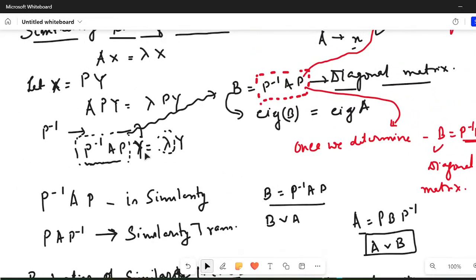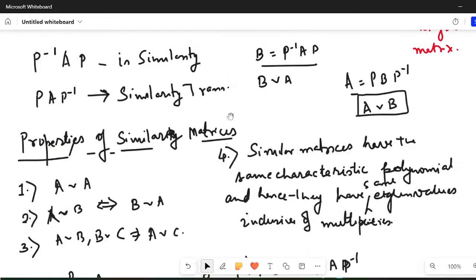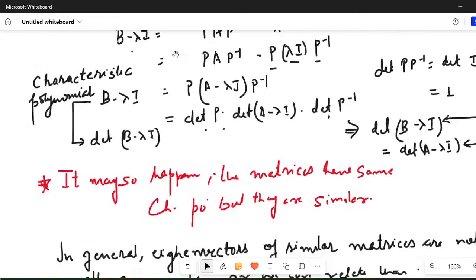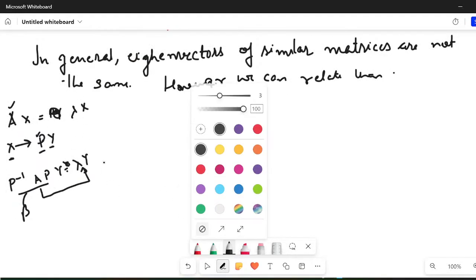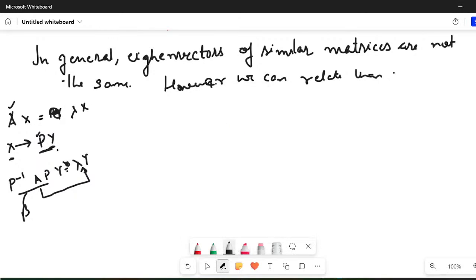This is what we did earlier, but it did not guarantee the similarity of eigenvectors, since the eigenvector here is y. However, we know that the original eigenvector, which is of the original equation Ax is equal to lambda x, this x can be related to Py, right? Is that clear?